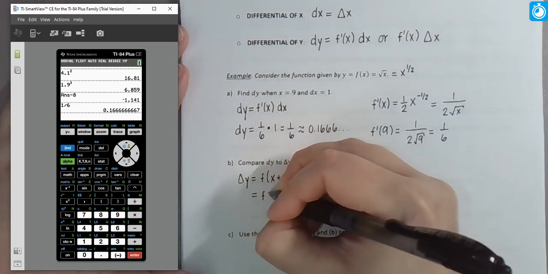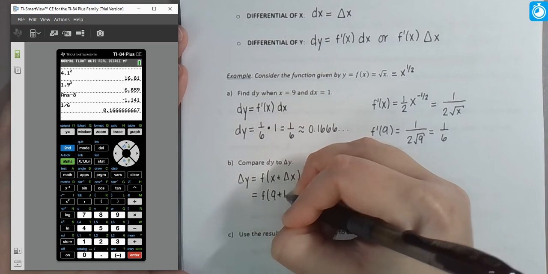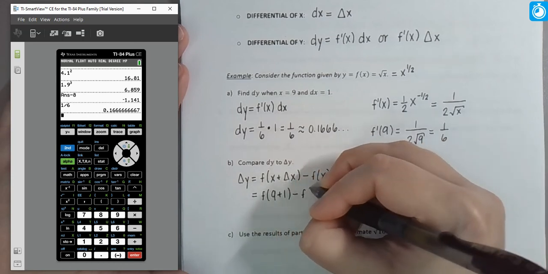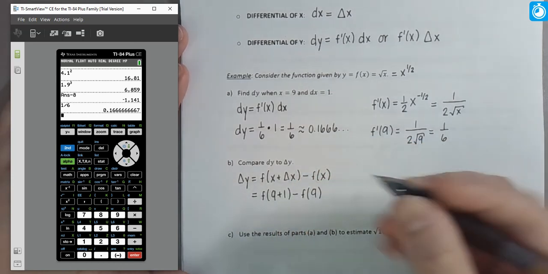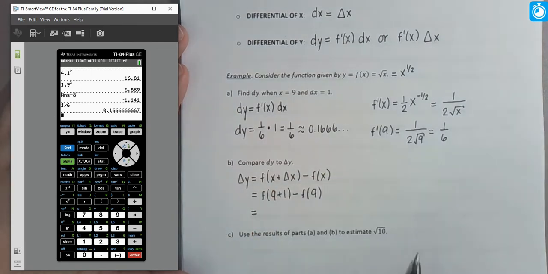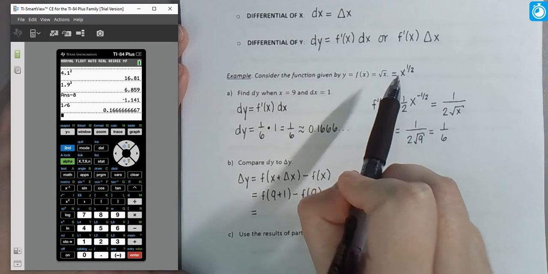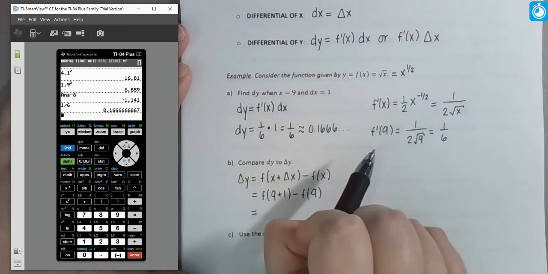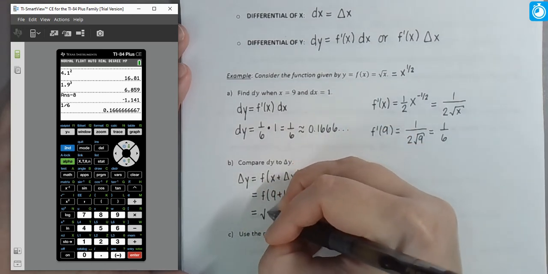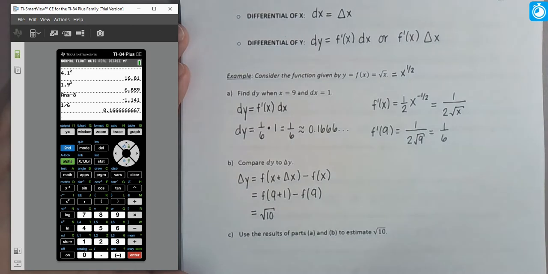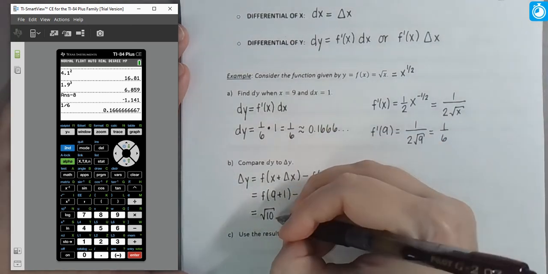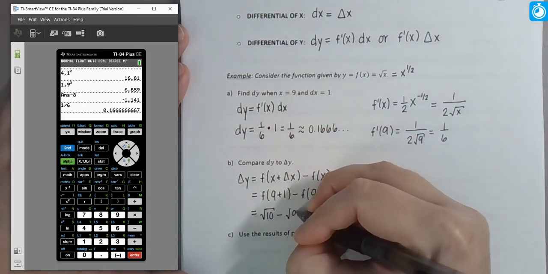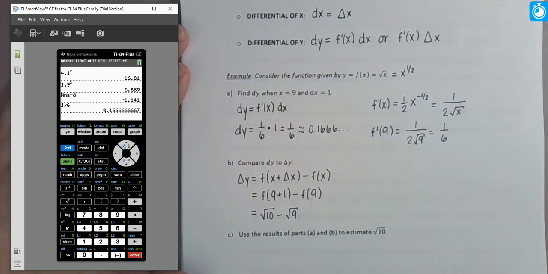So that's going to be f of 9 plus 1 minus f of 9. So here we're relating change to the actual function, not to the function's derivative. So f of 9 plus 1, if we were to sub in 9 plus 1 to our square root formula, that's going to be the square root of 10, minus f of 9, which would be the square root of 9.